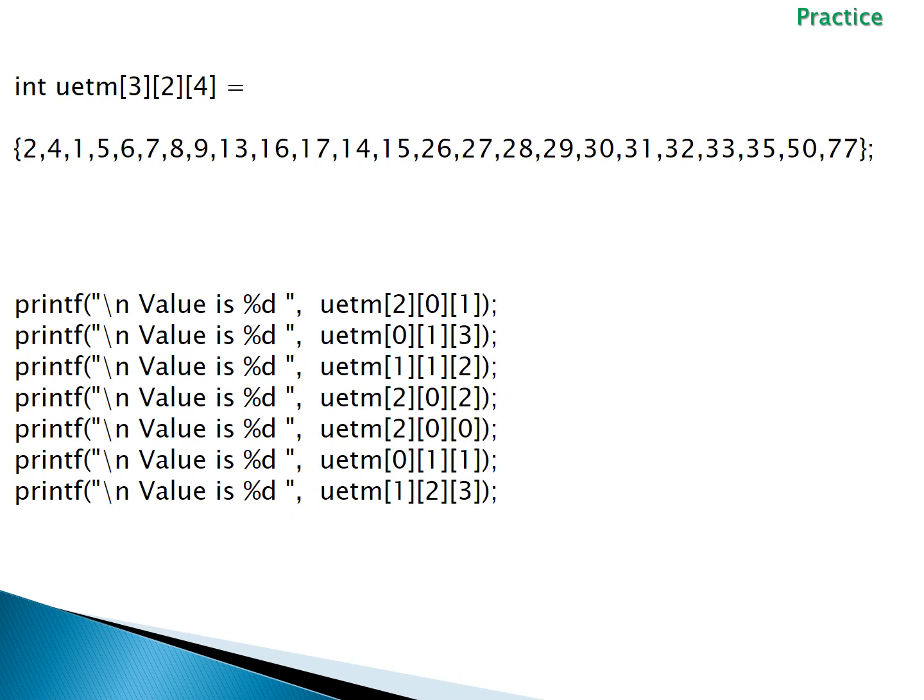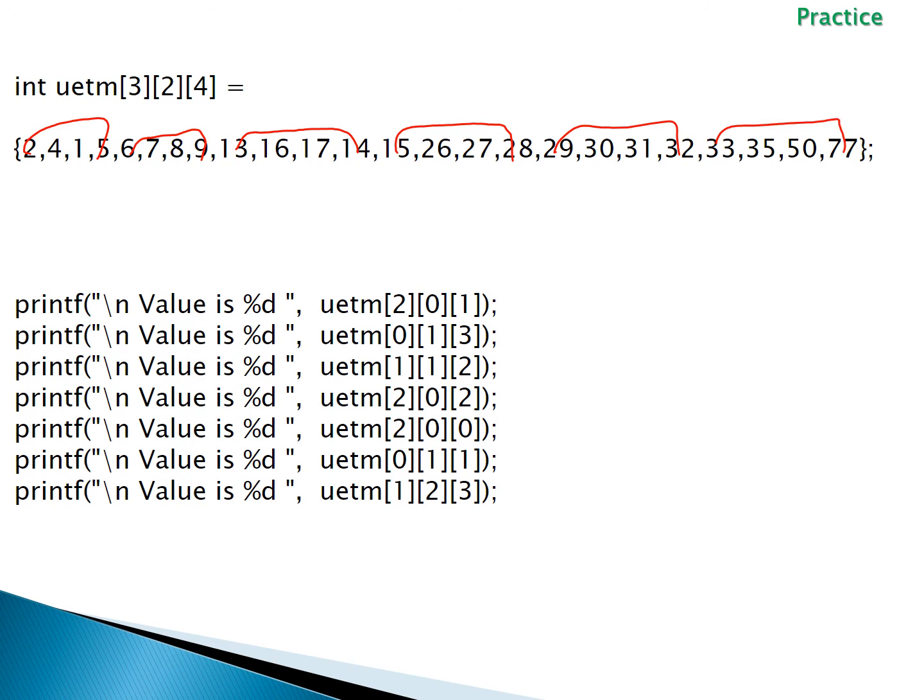Now let's use this example to find the values in the three-dimensional arrays, but we need to group them first. So this is the first group, second, third, fourth, fifth and sixth group.